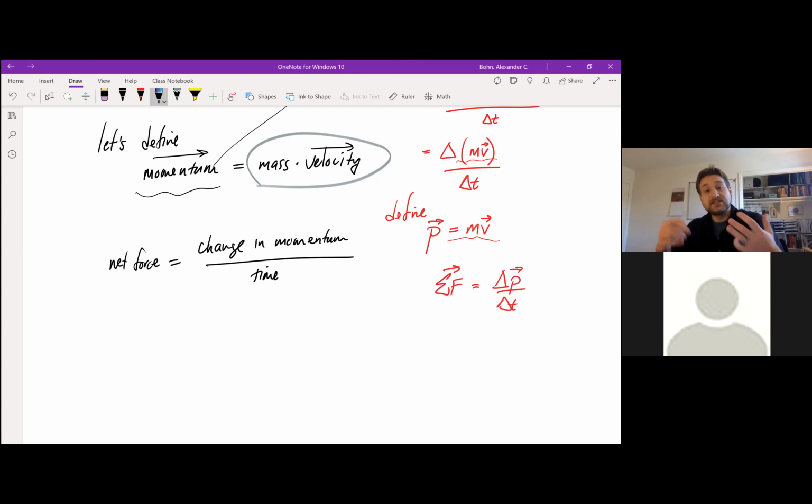This is cool because it changes the causality a little bit. We're still representing forces as causes and acceleration, or changes in motion, as effects. But the way that I think about it and the way that I encourage you to think about it is a little bit different.